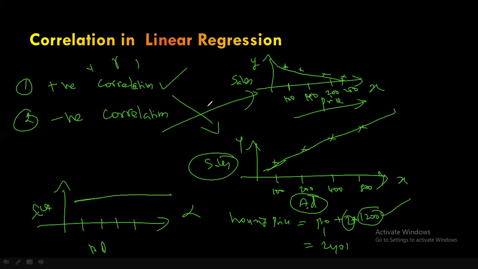I'll just write it here. For example, here you have seen it, right? With this, you can see that there is an upward trend. As the value of X increases, the Y, the sales, also increases. Maybe your line will be like this, or slightly like this.